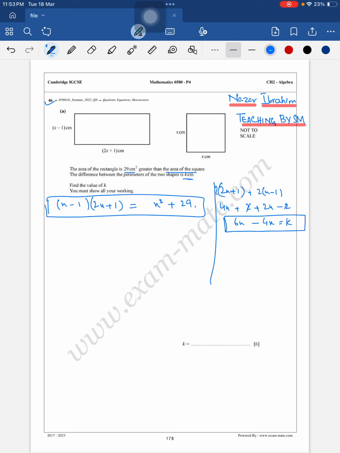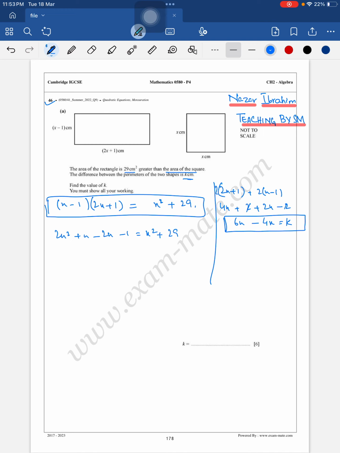Now to solve for k, we need to first take out the value of x, which we can find out by the first expression, that is this part, right? So solving this, 2x square plus x minus 2x minus 1 into 1 is minus 1, is equal to x square plus 29, right?